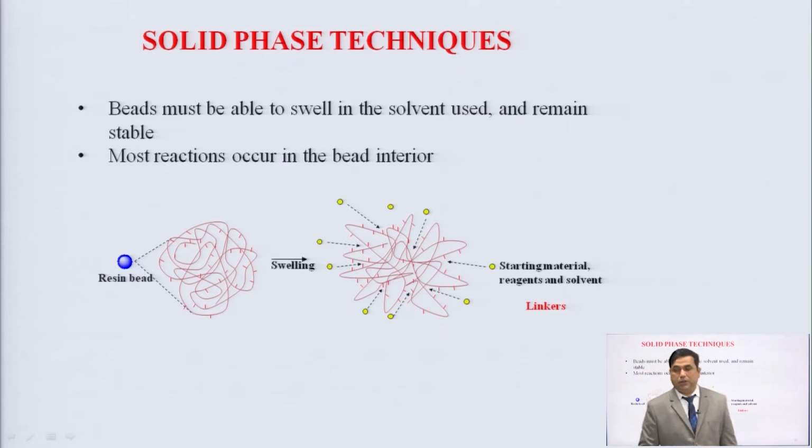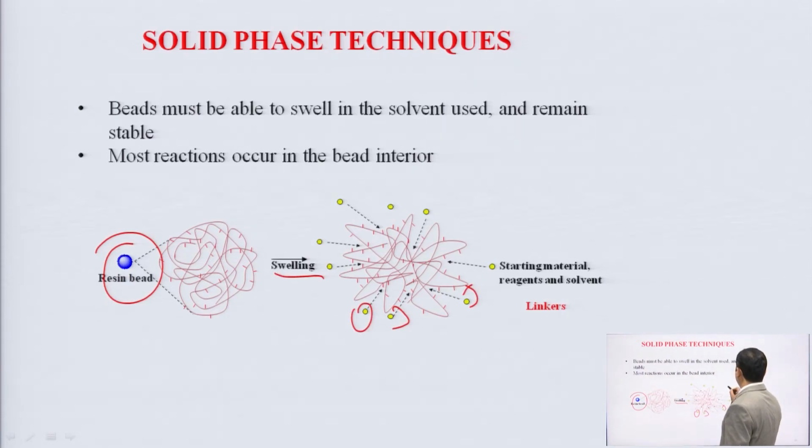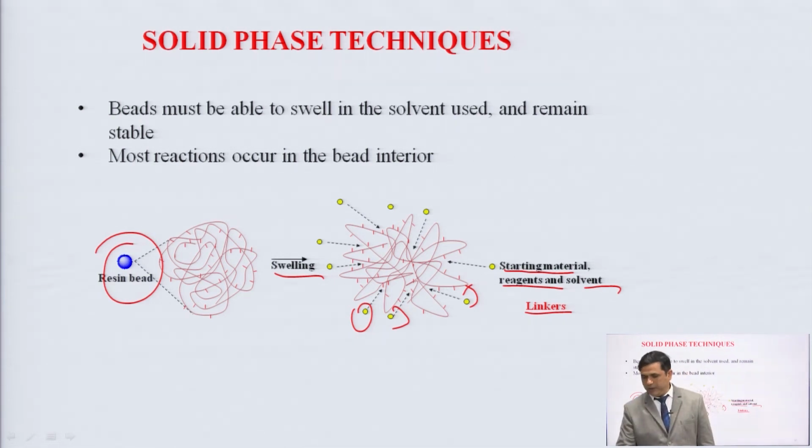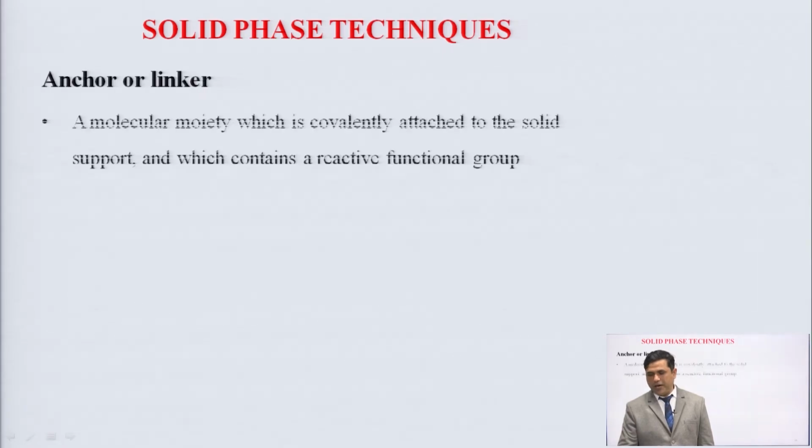Here there is a resin bead in the form of this blue color. After swelling, the bead swells, and here are the starting material and the solvent, and the linker that we can use. As I have already told, a linker has two ends.